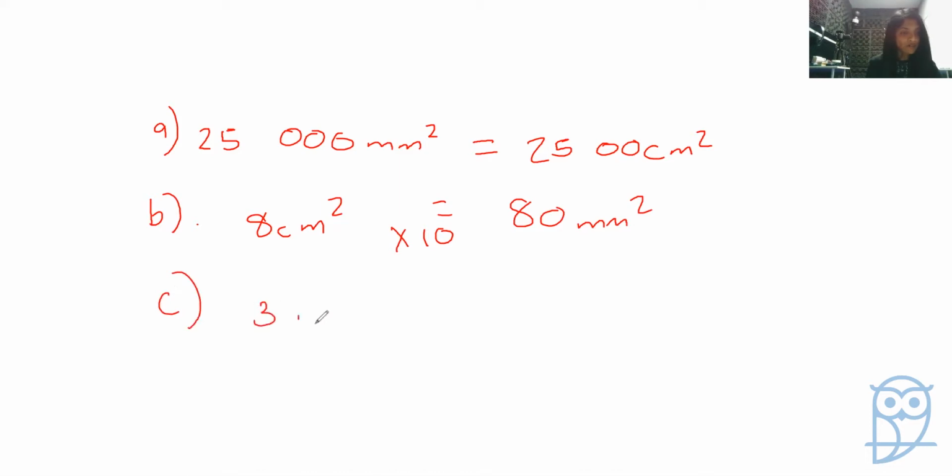Okay, 3 meters squared. If I need to convert it into centimeters squared, I'm going to multiply by 10,000. And my answer therefore will be 30,000 centimeters squared.